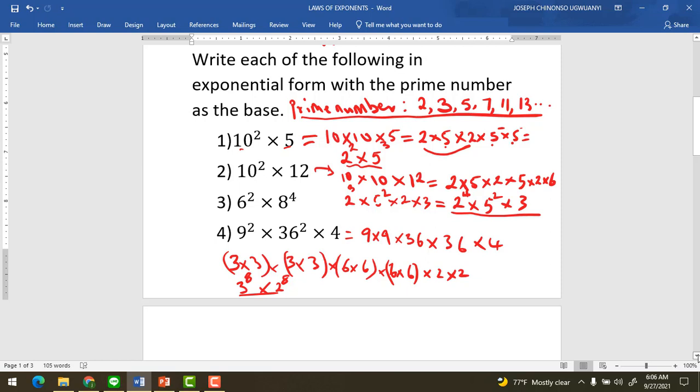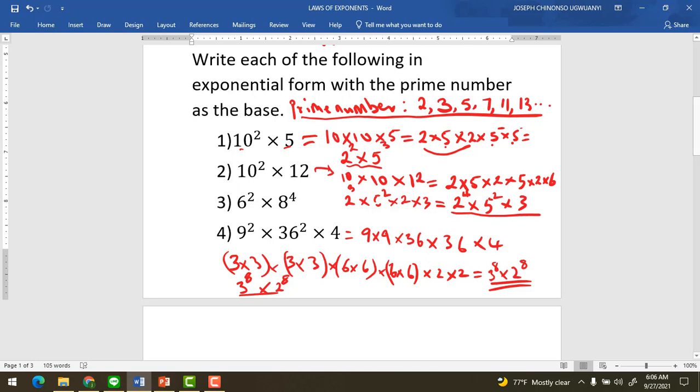These are prime numbers, okay? So we have them as prime numbers. We can further simplify this, but we want to leave it in this form because we are trying to have all the bases as prime numbers.